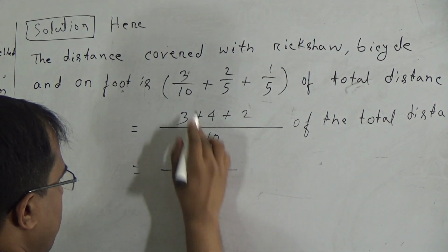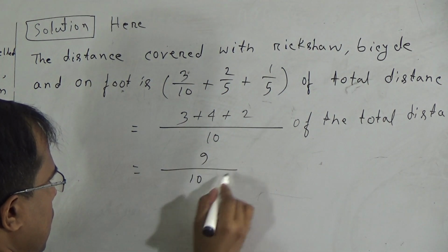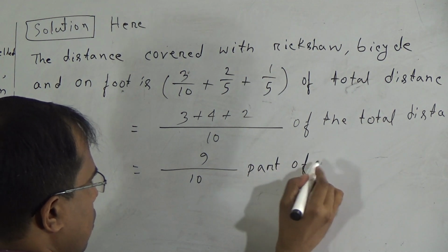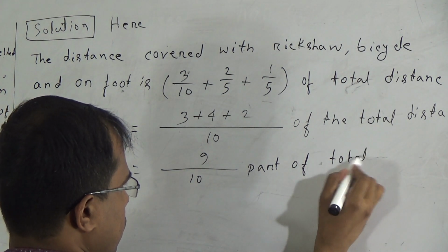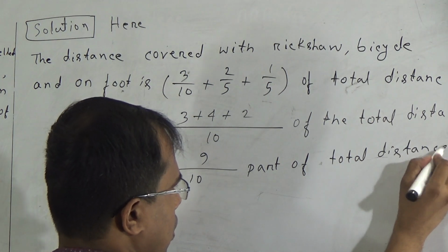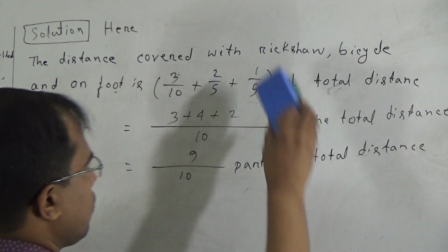This is equal to 3 plus 4 equal to 7, 7 plus 2 is equal to 9, 9 by 10 part of total distance. Here we will write part of total distance.